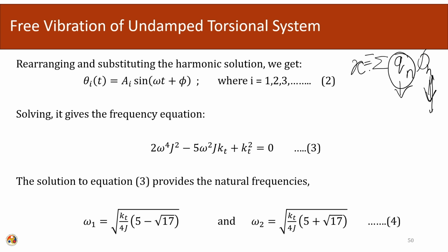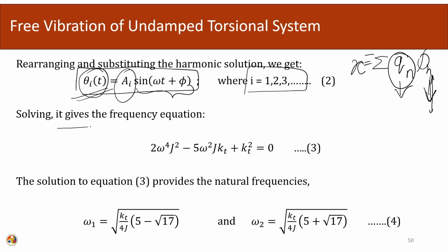Again we use the same analogy: the total motion will be the contribution from all the individual frequencies times a time dependent component. The same analogy remains here also. Earlier it was translation, now it has become rotation, where i equals 1, 2 and 3. Solving these we get the frequency equations.